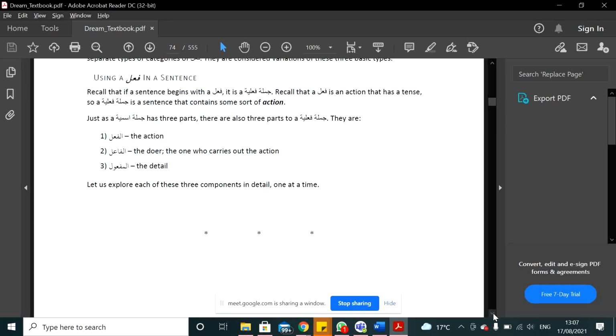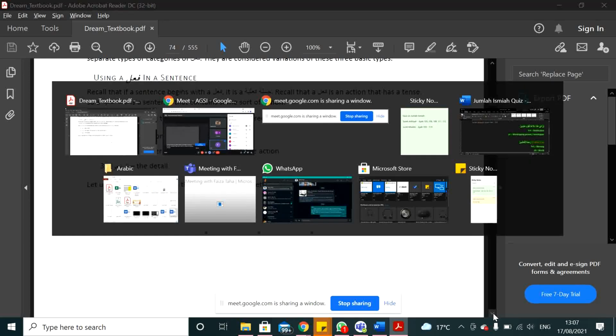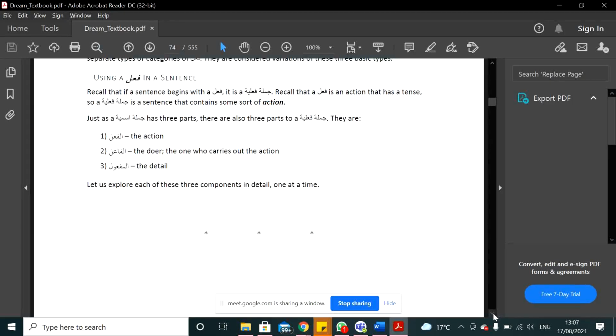Recall that a fi'l is an action that has a tense, so a jumla fi'liya is a sentence that contains some sort of action. Just as jumla ismiya has three parts, there are also three parts in jumla fi'liya. They are al-fi'l, the action, al-fa'il, the doer, the one who carries out the action, and al-maf'ul, the object. Let us explore each of these three components in detail, one at a time.